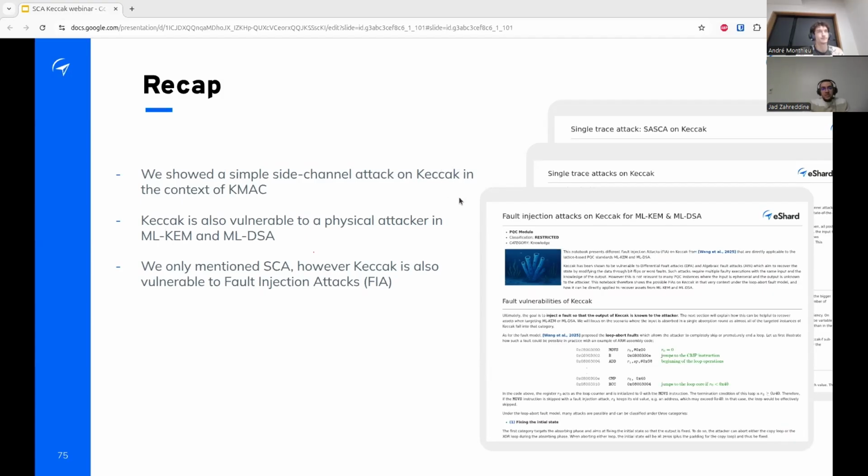And we only mentioned side channel analysis here. However, Keccak is also vulnerable to fault injection attacks. Here is a small sample of the content that we have on these subjects: fault injection attacks for Keccak on MLKEM and MLDSA, and single trace attacks on Keccak with soft analytical side channel analysis.